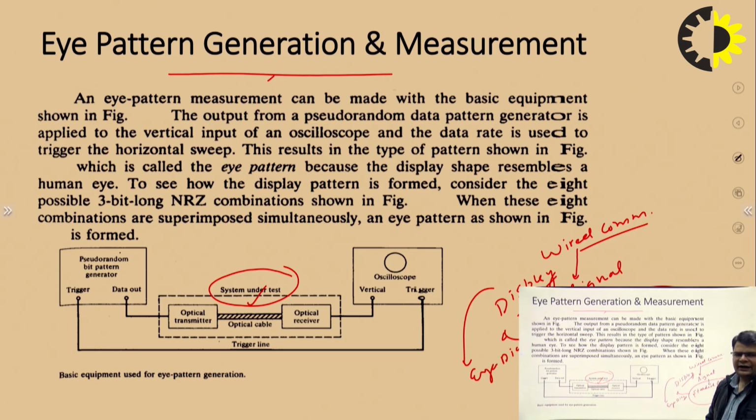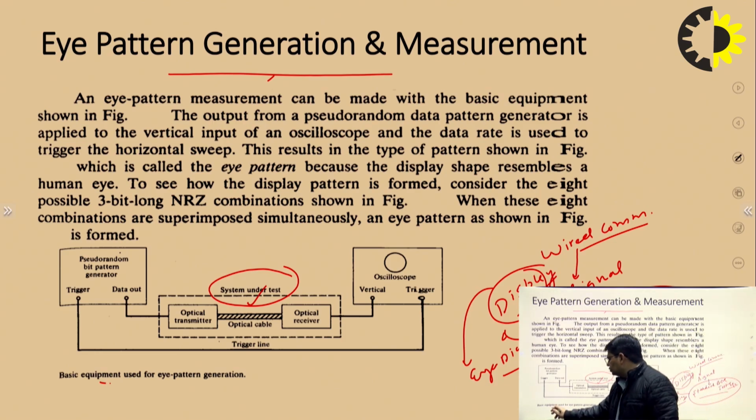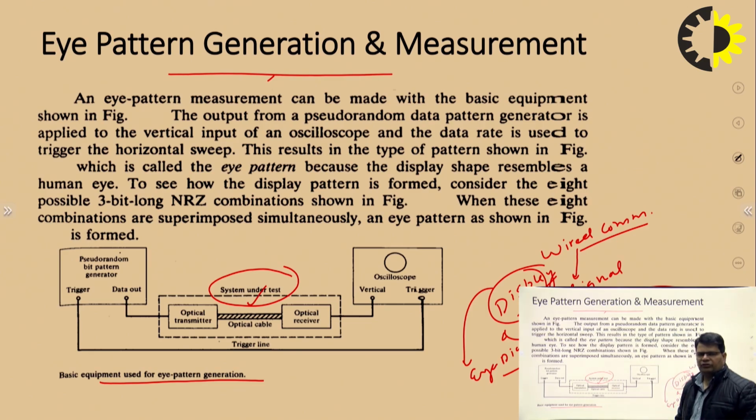The eye diagram can be simply obtained by connecting the system under test with a standard BER test equipment, and at the output or display of the standard BER test equipment we will see the eye diagram or eye pattern. This is the basic equipment used for the generation of the eye diagram or eye pattern.